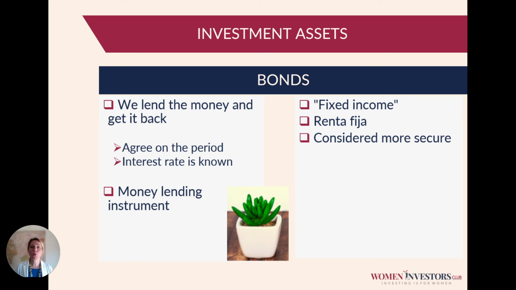Bonds are considered more secure. The risk of any bond depends on the issuing party. So it depends on whom you lend your money to. If you lend to a company, there is a difference between a company like Apple, which could also issue loans, and a real estate developer which is building a new building.